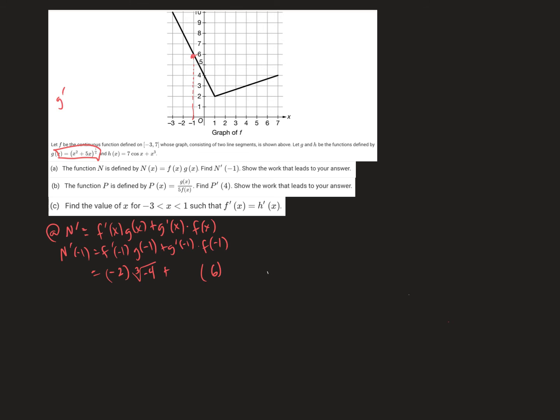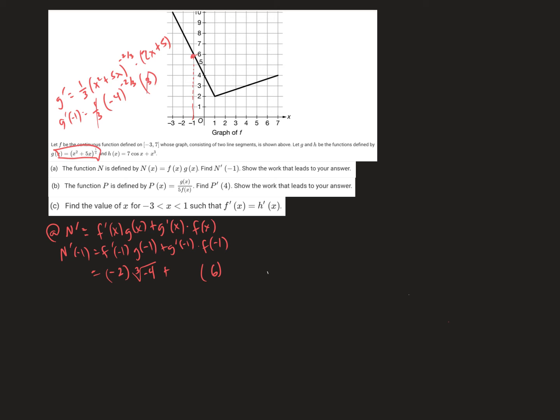So I need to find g prime, which would involve the chain rule. And then I need to plug in negative 1. So that's again 1/3 minus 5, and then negative 1 here would be negative 2 plus 5, which is 3.